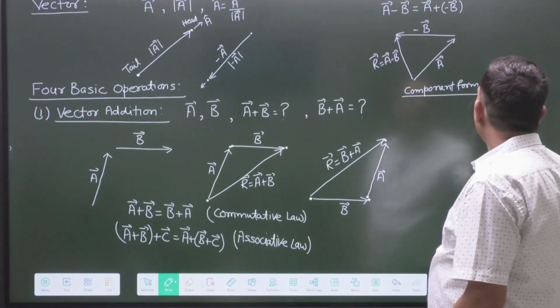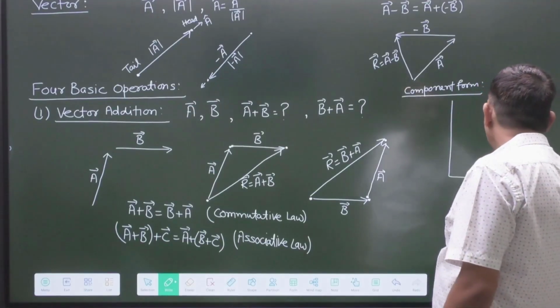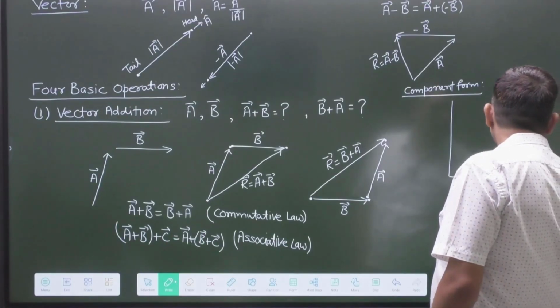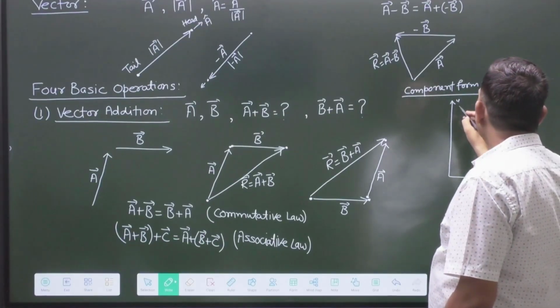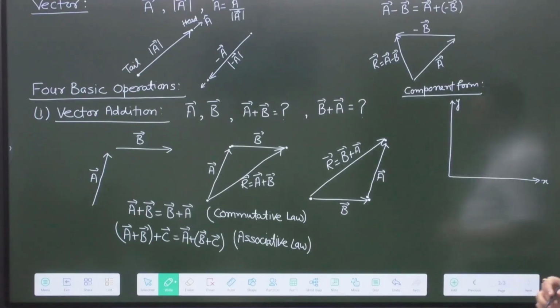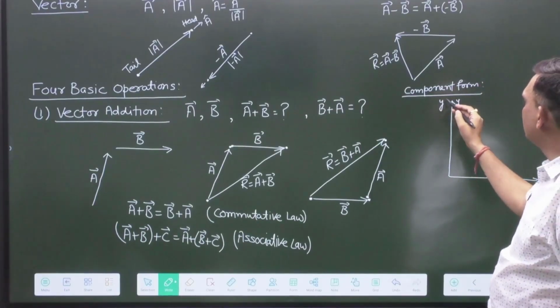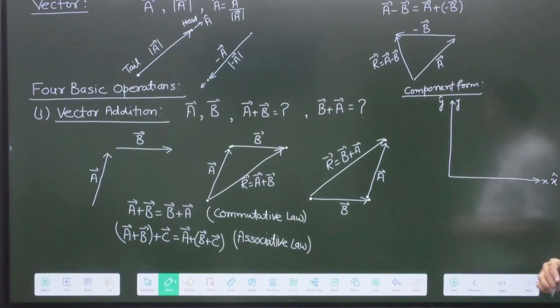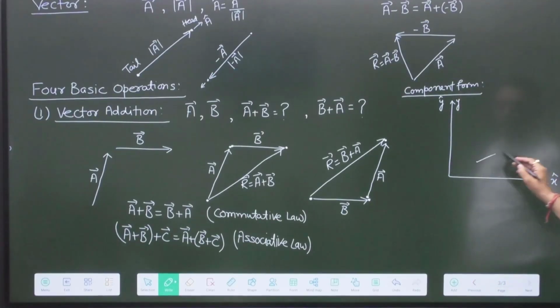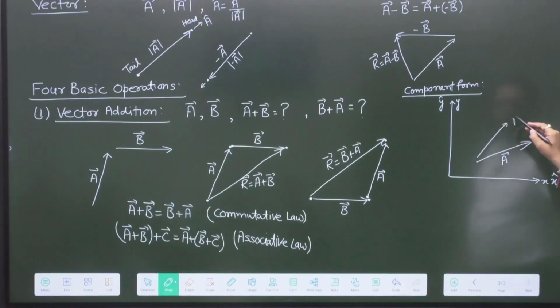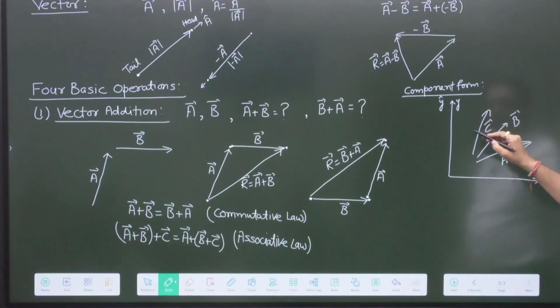So let's say you have vectors given in the xy plane, and unit vector along x is x cap and unit vector along y is y cap, and there are n number of vectors, let's say vector A, vector B, vector C, and so on.